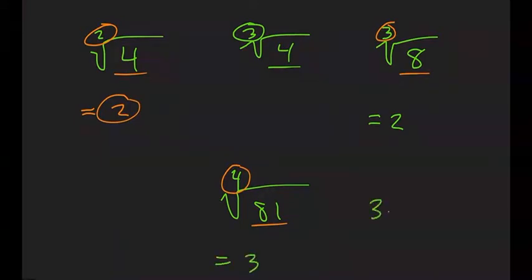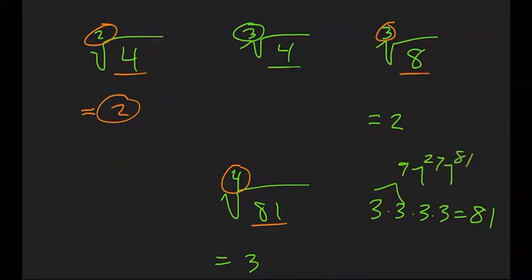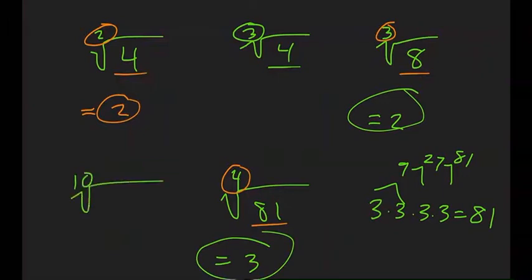Why? Because 3 multiplied 4 times gives us 81. 3 times 3 is 9, times 3 is 27, times 3 is 81. So cube root of 8 would be 2, fourth root of 81 would be 3, and it goes on and on. If you had the 10th root of some number, that's saying what number multiplied 10 times gives you this number.